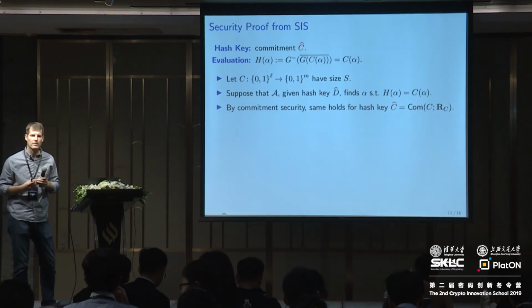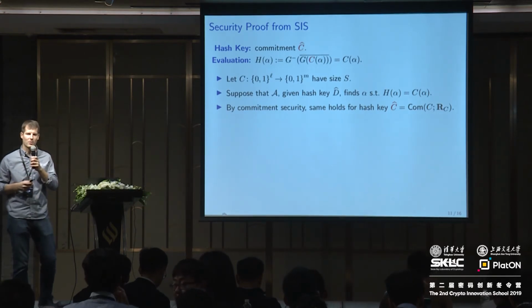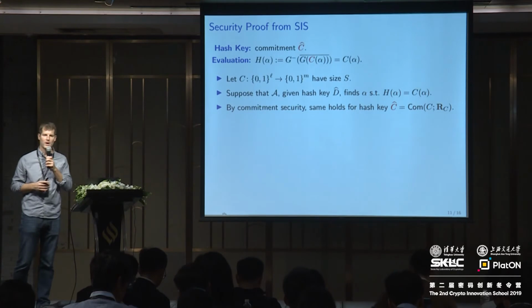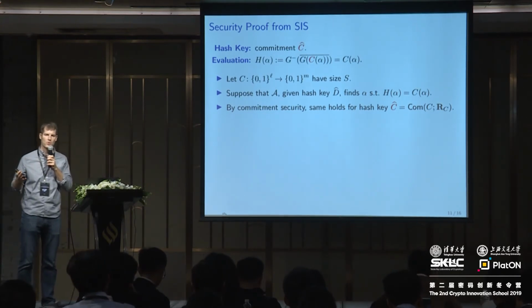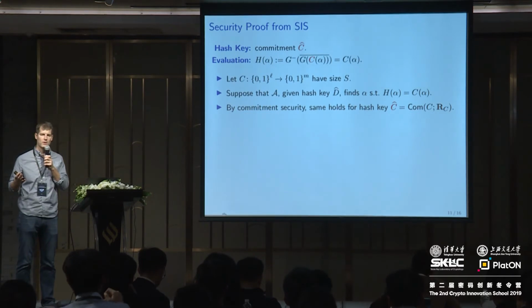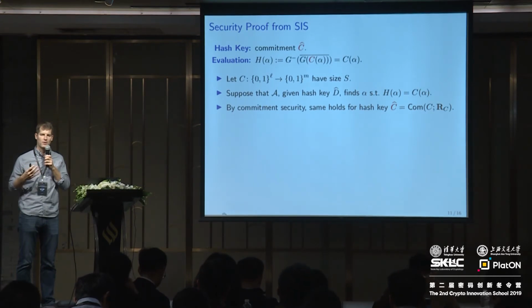Yes, that's right. So that's how the correlation intractability game goes. The adversary declares or chooses which circuit C it's interested in. Then it receives a random member of the hash family, and then it is supposed to find an input alpha such that h of alpha equals C of alpha.